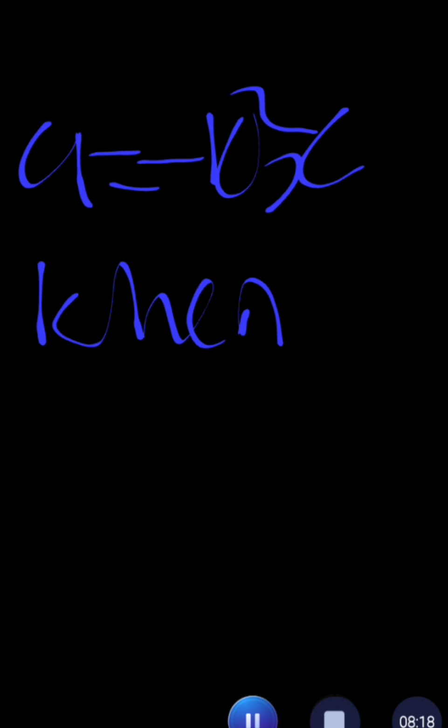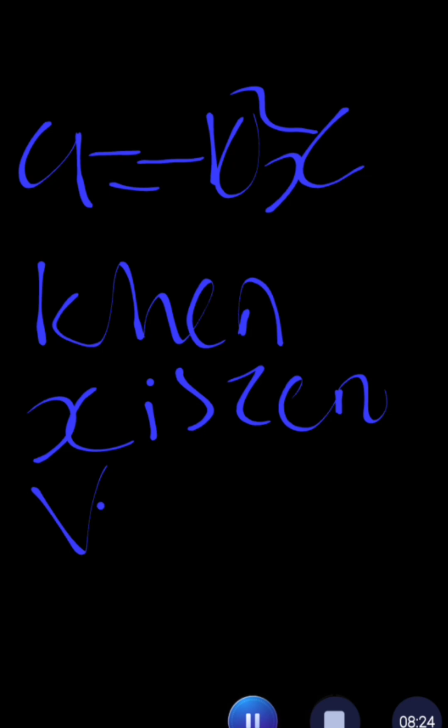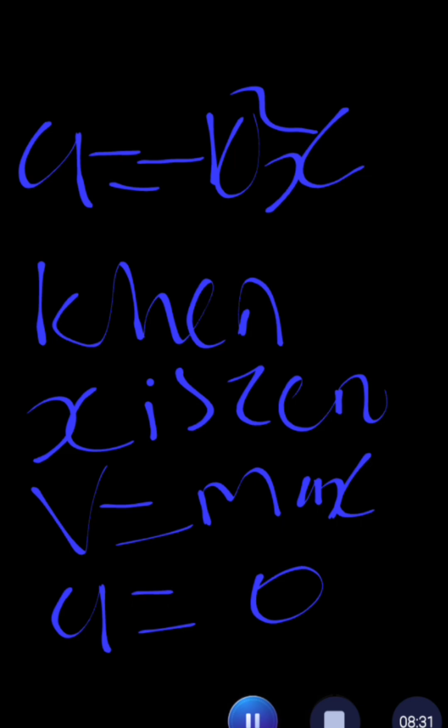So when solving exam questions, you should know that when the displacement x is 0, at equilibrium, velocity is maximum and the acceleration is also 0.